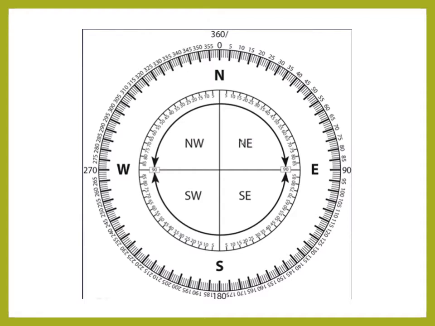Similarly from south it is 5, 10 going towards east up to 90 degree. The same thing is on the west direction also. From the north we have 90 degree up to west, and from south we have 90 degree up to the west direction. This is shown inside the inner circle.